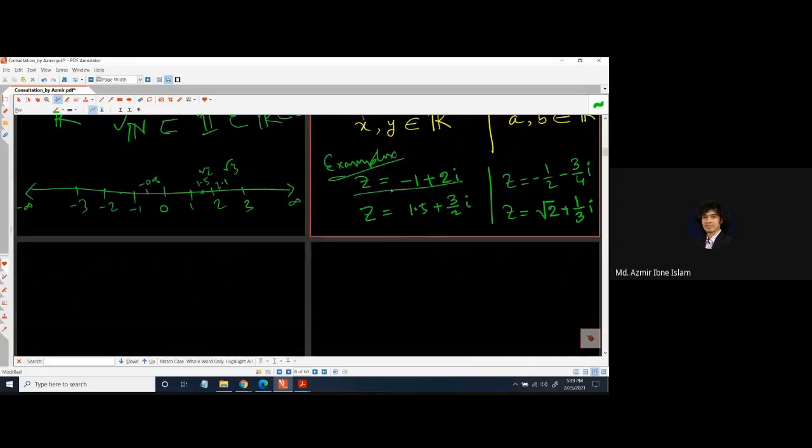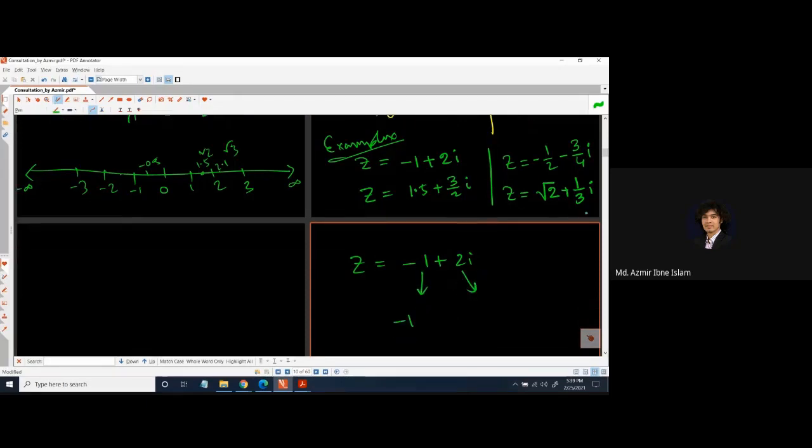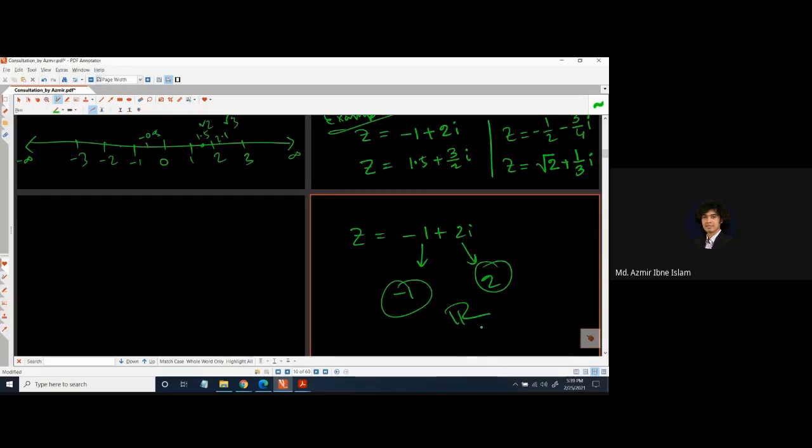Okay, so if we have a look at this example, that is z equal to -1 plus 2i. So here -1 and 2, both are real numbers. But whenever we are writing in this form, -1 plus 2i, it is becoming a complex number.